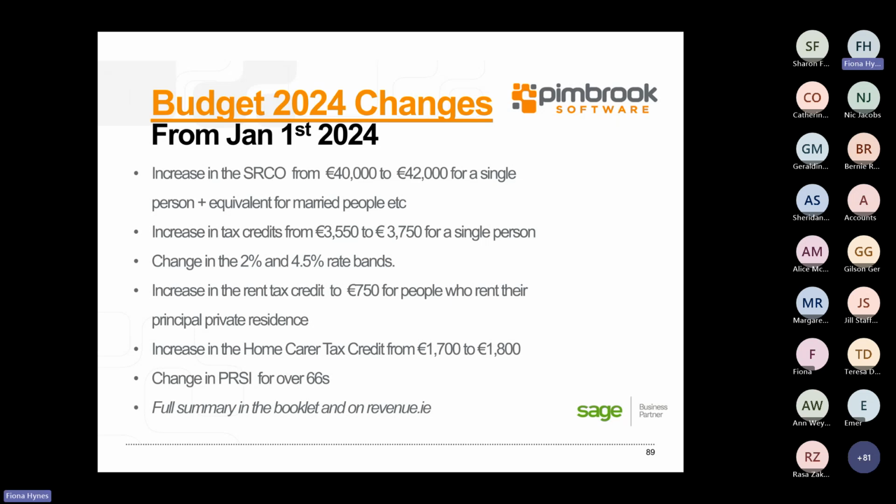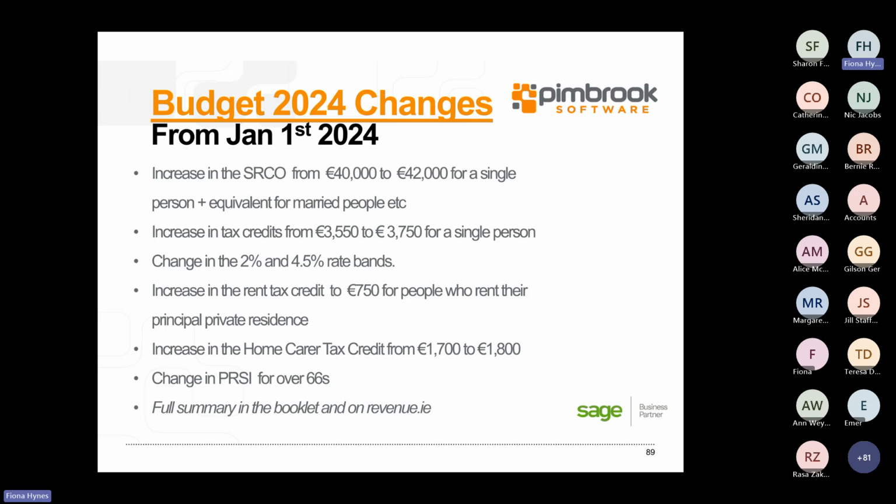There's an increase in the rent tax credits to 750 for people who rent their principal private residence. An increase in the home carers tax credit from 1,700 to 1,800. And there's also a change in PRSI for over 66. There's a full summary of the budget changes in the booklet and on revenue.ie.